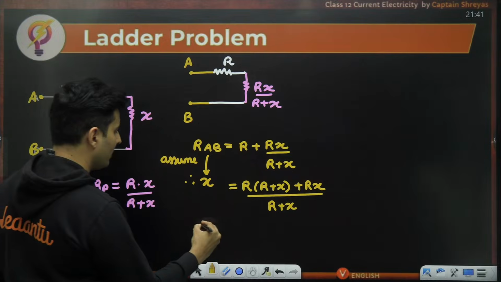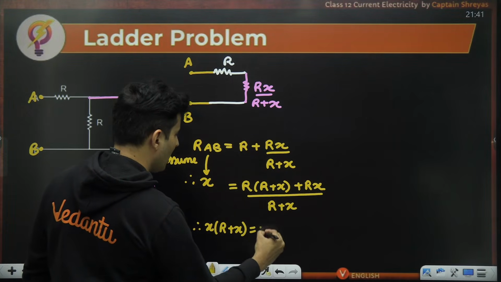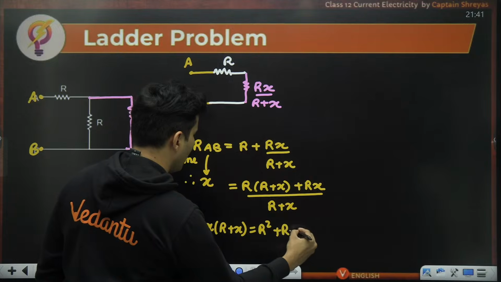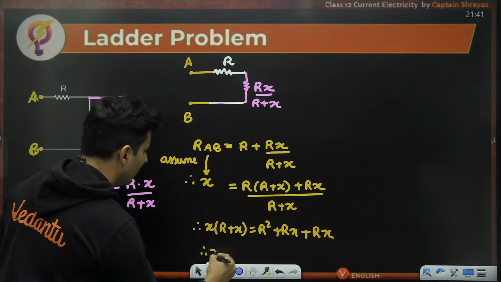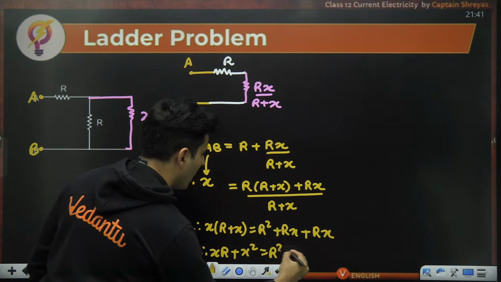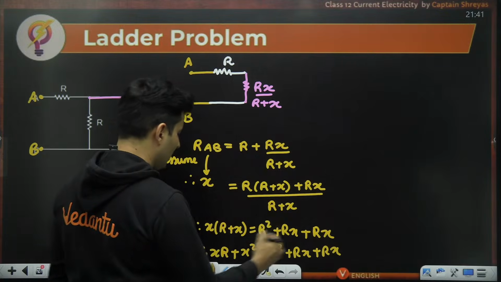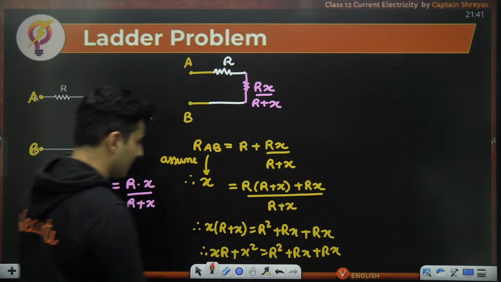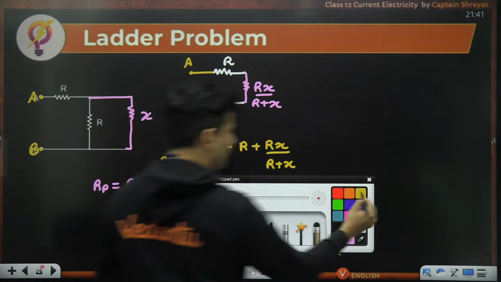Now multiply over here. So X multiplied by R plus X is equal to R square plus Rx plus Rx. Opening up the brackets, XR plus X square is equal to R square plus Rx plus Rx. A couple of things get cancelled, like this XR and this Rx, of course.